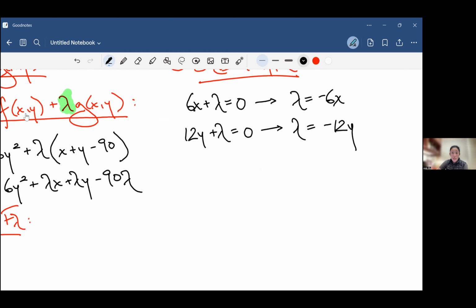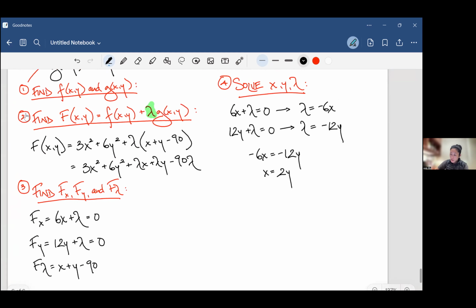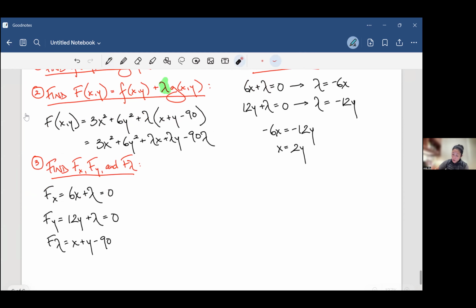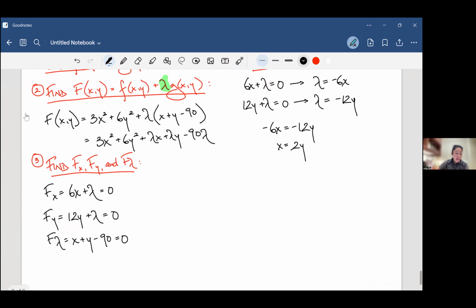If they both equal lambda, then negative 6x equals negative 12y. Dividing both sides by negative 6, I get x equals 2y. That's helpful because now I can go to my f lambda equation, which also equals 0, and plug in 2y everywhere I see an x.